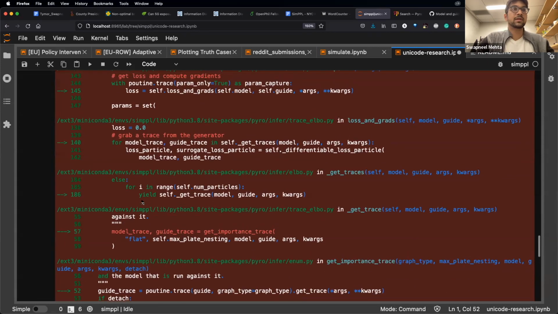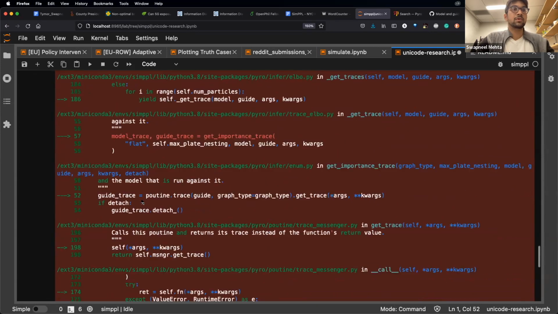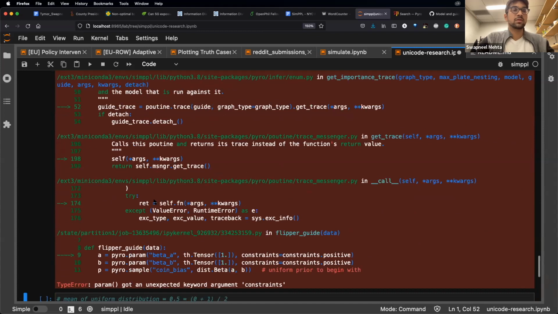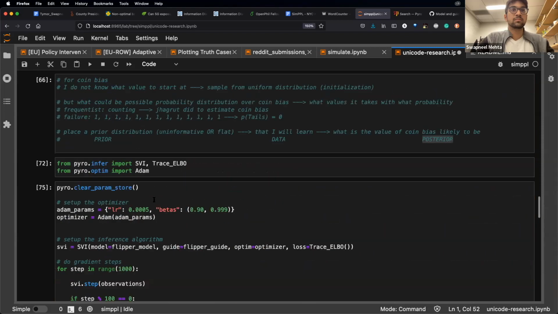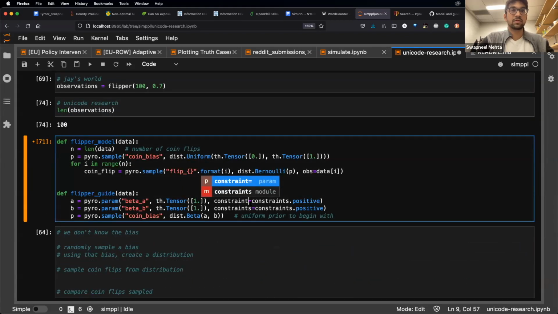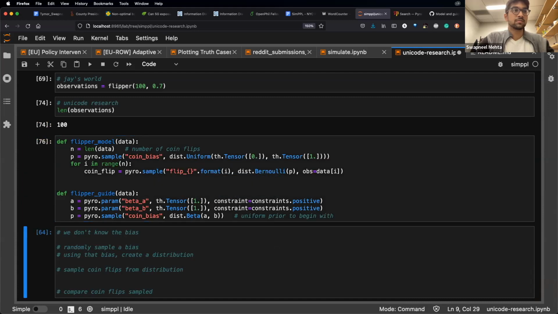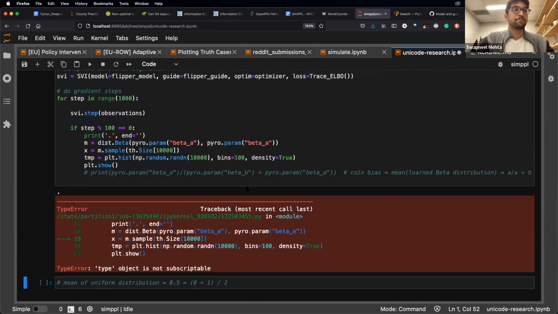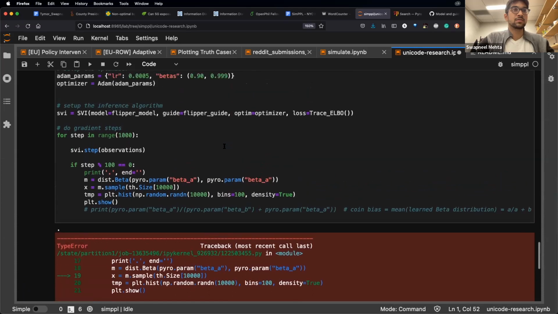What got an unexpected keyword? Model trace. Pyro.param. Constraint should have been keyword. Yikes. Type object is not subscriptable.